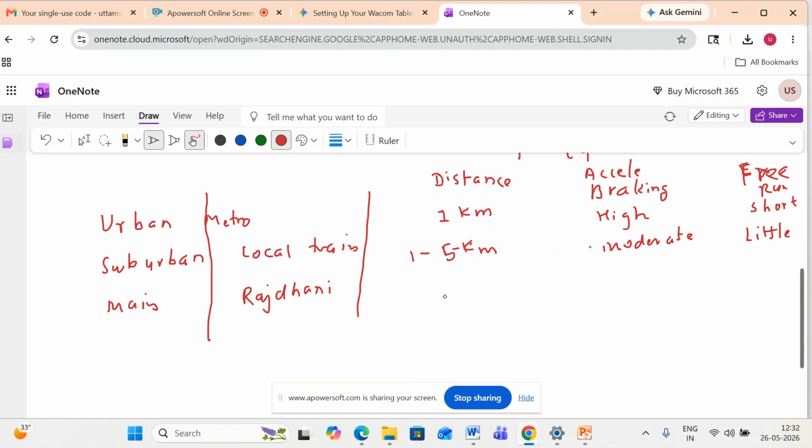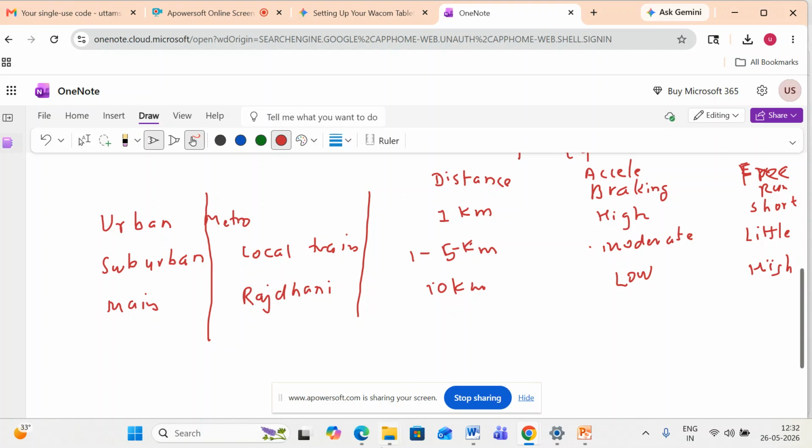Whereas in the case of the main service line, the distance is up to 10 kilometers between the two stop points. And what about the acceleration and braking? It is very low. You can see the main service line trains go very slowly, and during braking also it is very low. But the free run phase is very high for this main service line.